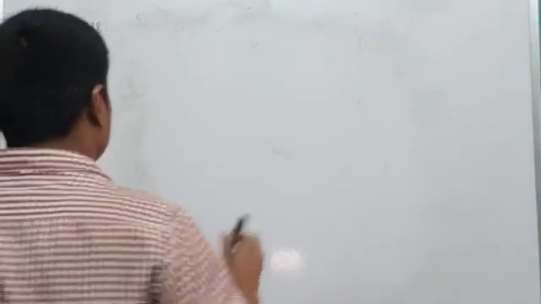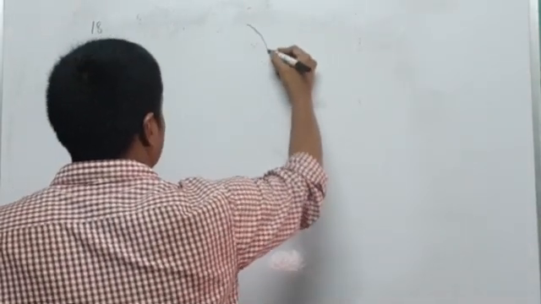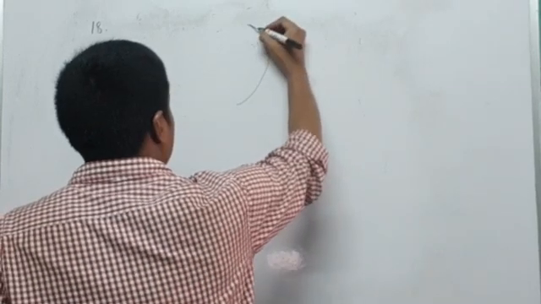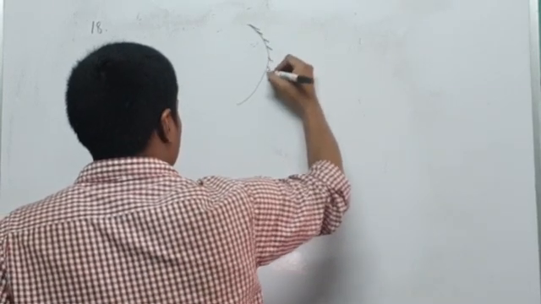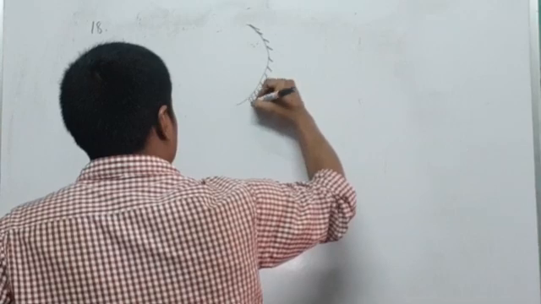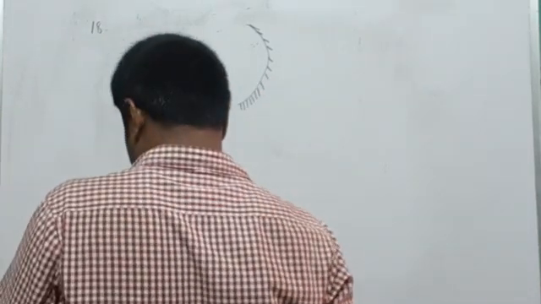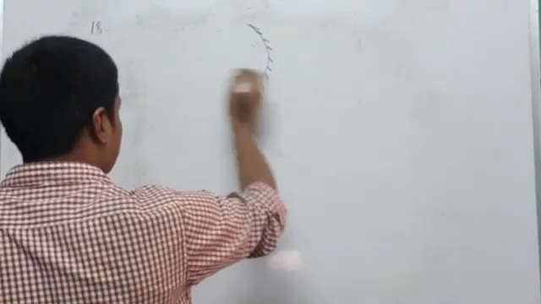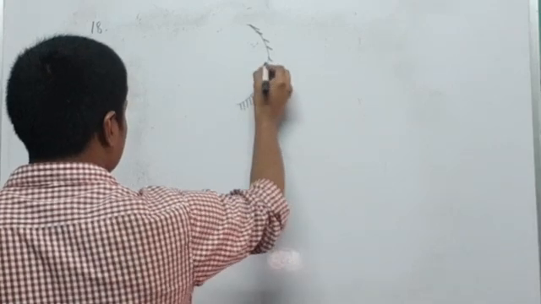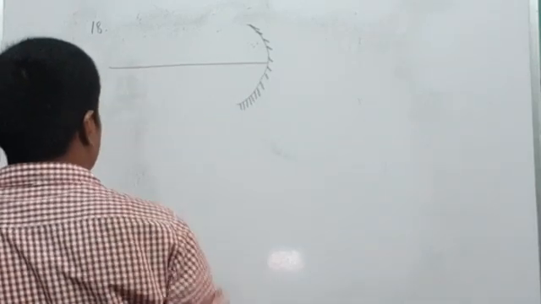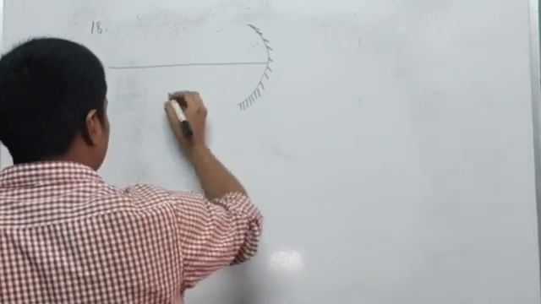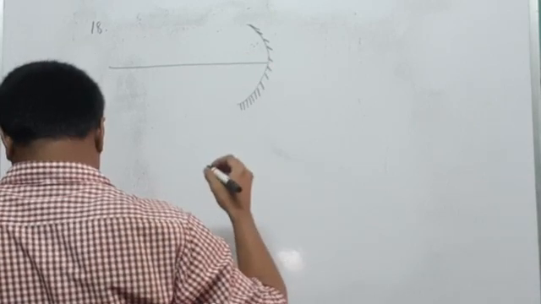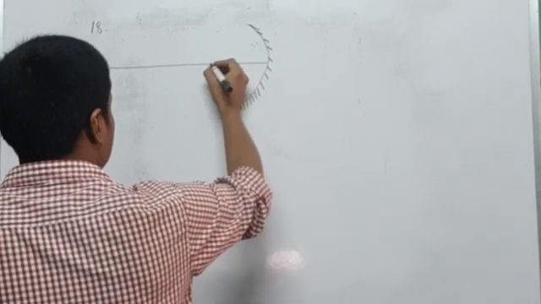So let me draw the picture so that we start picturizing the problem. So this is a concave mirror, and let's assume this to be the principal axis. It says that the focal length of the mirror is 1 meter.